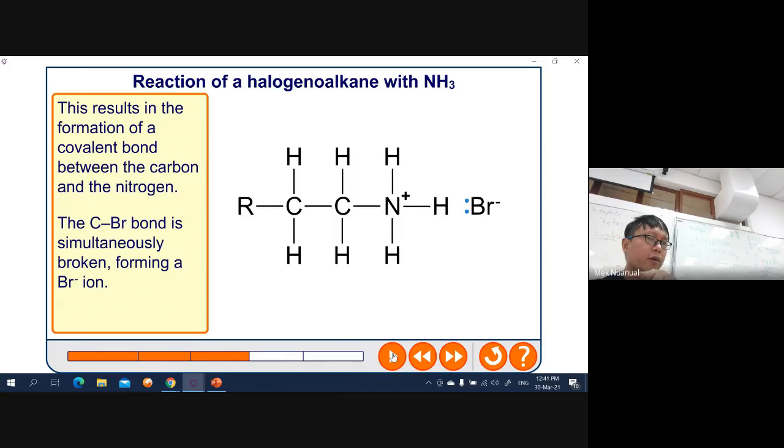Now, you guys notice how the animation is being done? If on paper 2 they want you to show a detailed mechanism, that is what you're expected to do. What I'm talking about is how you write it on paper 2, showing those curved arrows, just like the animation did. You understand?